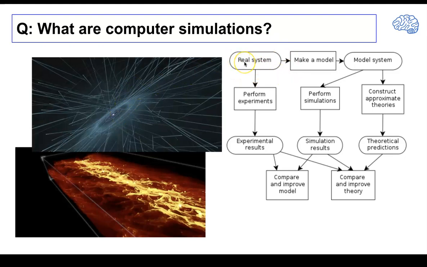With a real system, like if we're just looking at how objects bounce here on Earth, we could perform experiments and look at our experimental results. But in astronomy, often the real systems, we can't actually change them. We can look at images of them and look at different versions of them to help us improve our understanding. But astronomers often make models, and then they make a computer model of that particular system and actually perform simulations.